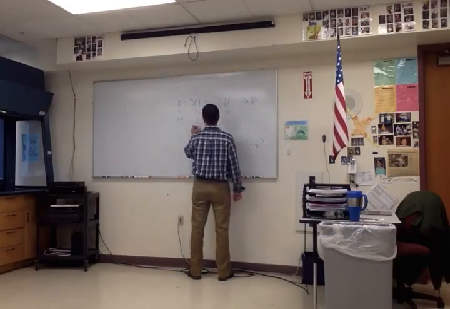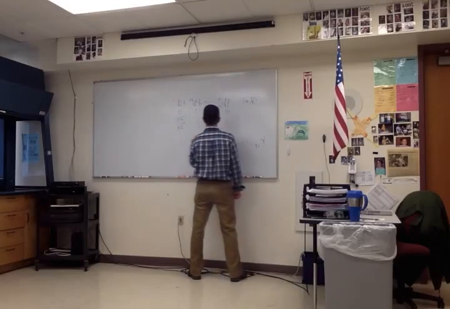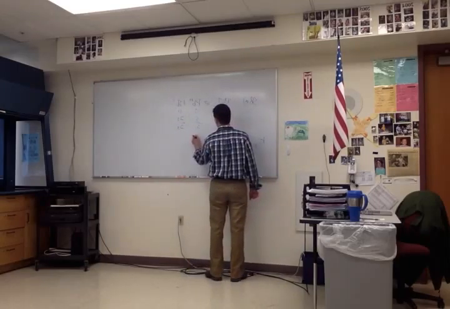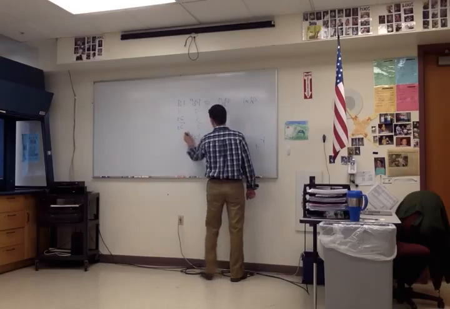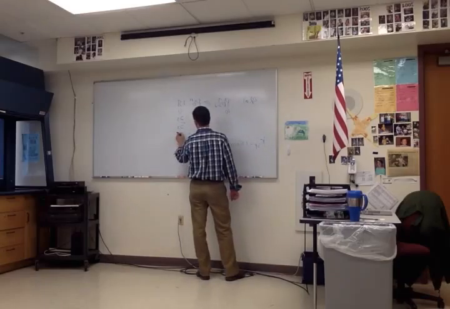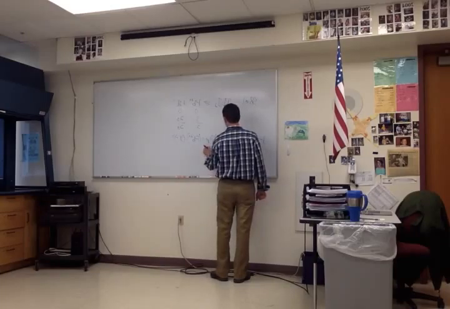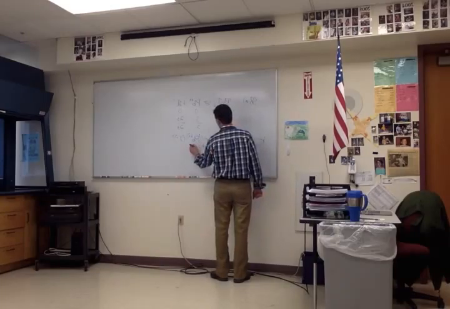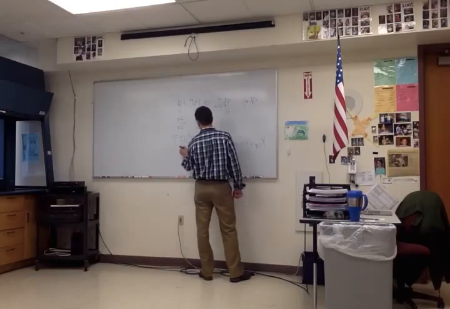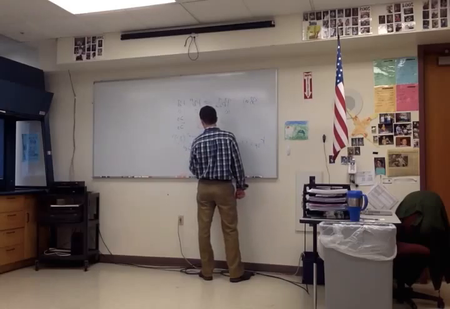Normal solubility, or S, is going to be broken apart, and it's going to make S and 2S. Ksp equals Pb times I, but that's the second power. Now I plug everything in: 1.4 times 10 to the negative 8 equals S times 2S to the second power. So all this is going to equal 4S cubed.